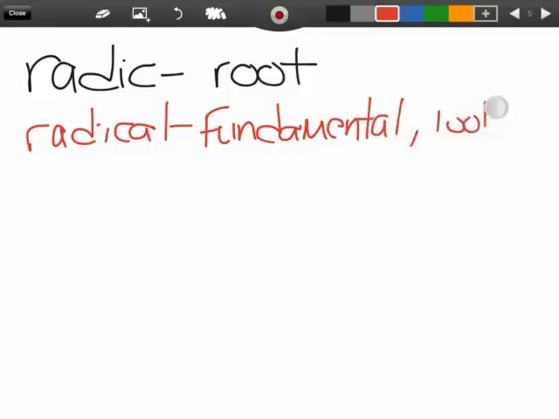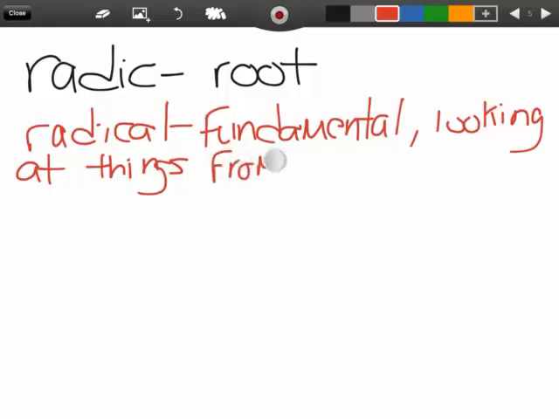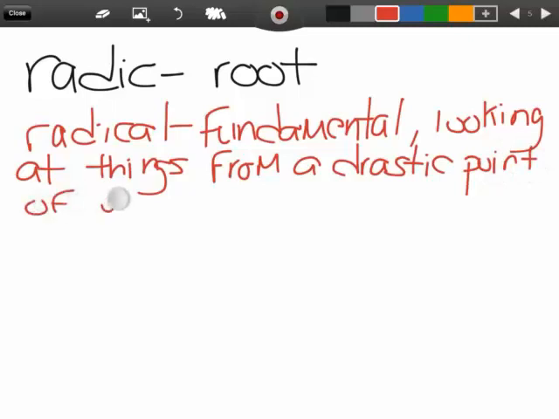looking at things from a realistic point of view.